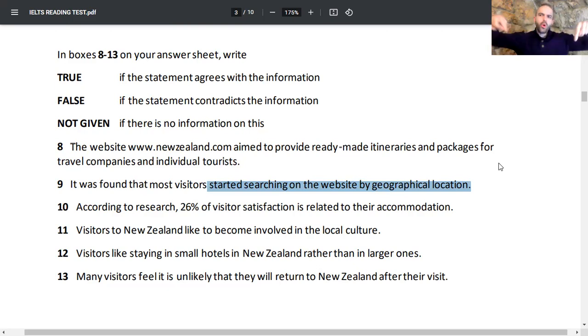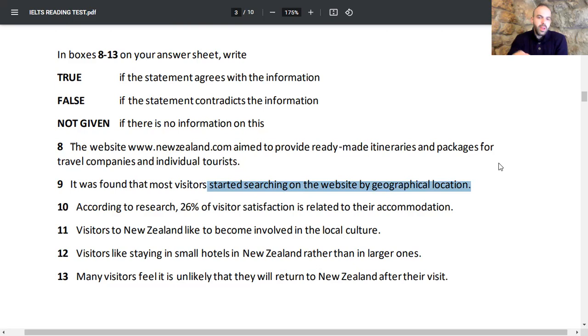So as you can see, that part of the sentence is quite connected. So the words here are quite connected. That's why I highlighted this, okay? So don't fall for that trick, because you might be confused between choosing true or false, or maybe not given. So try to understand very well the concept of the sentence and the keywords, and try to notice and find out what words in the sentence are more connected, okay? So you won't be tricked, okay?